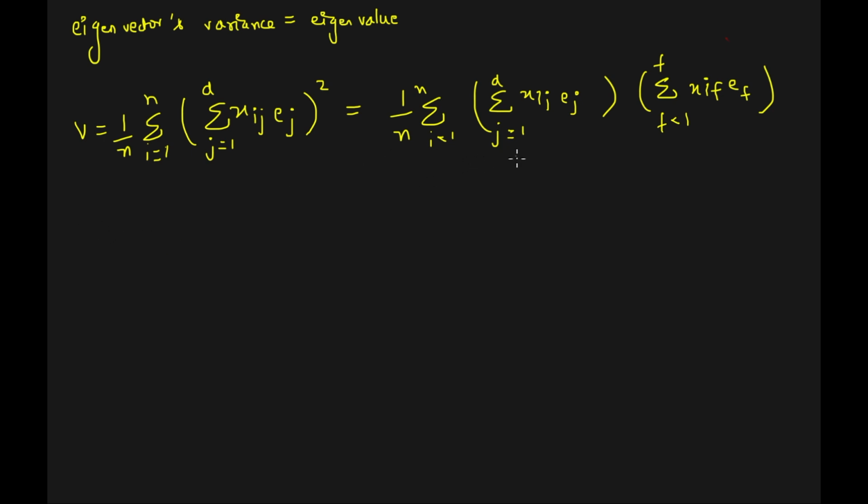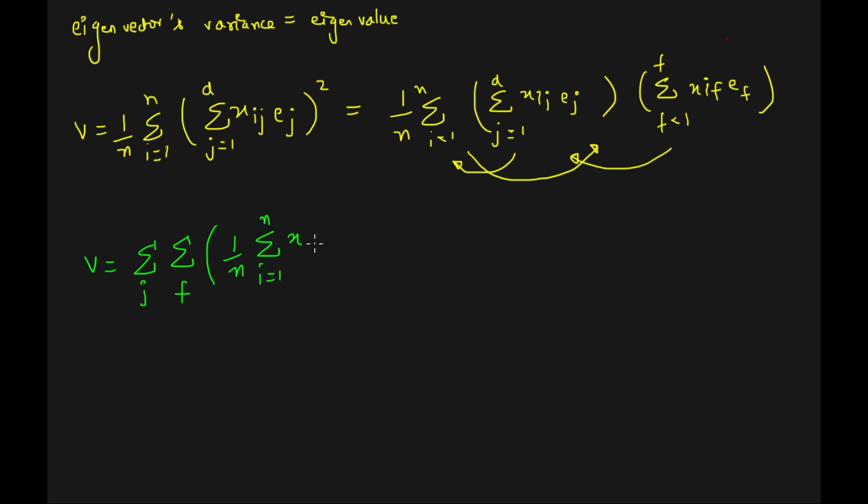Considering this, we move these summations out and this summation in. We get the equation summation of j, summation of f, and we get this 1/n term here, summing over all instances, x_ij into x_if, and we have here e_f into e_j.